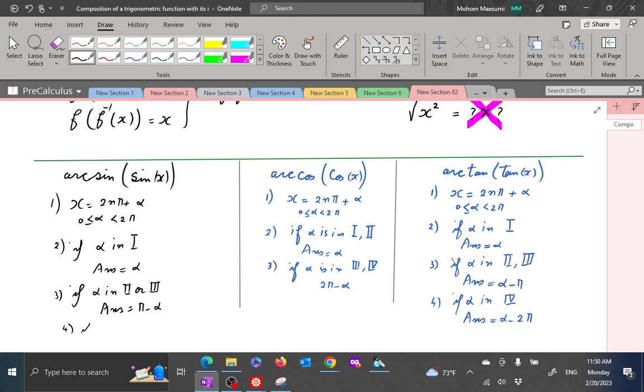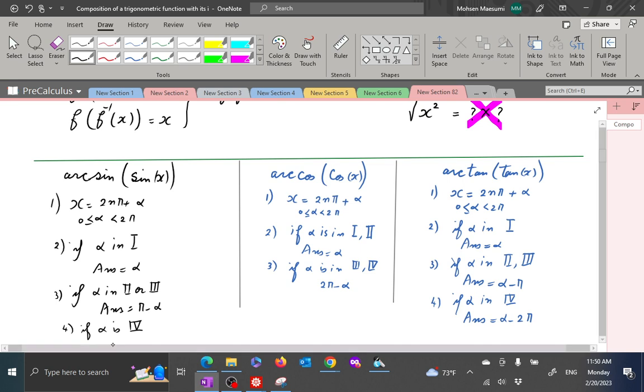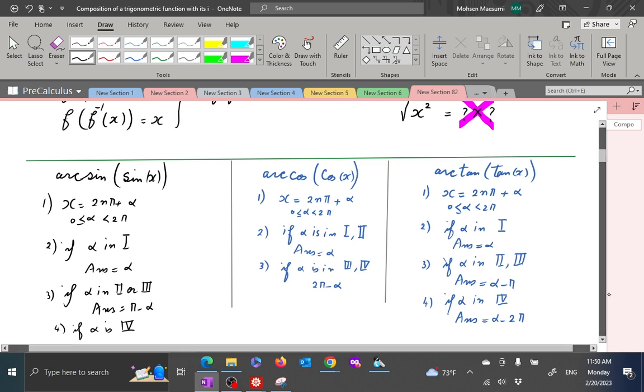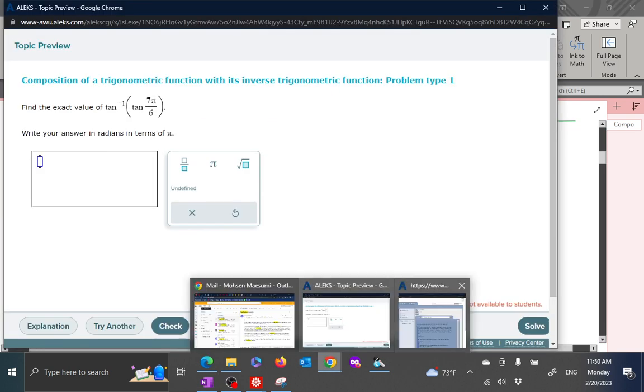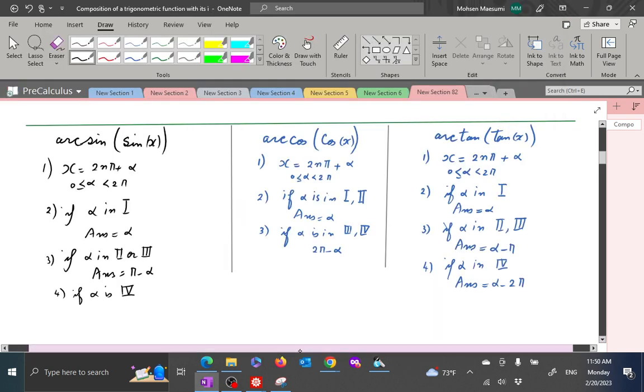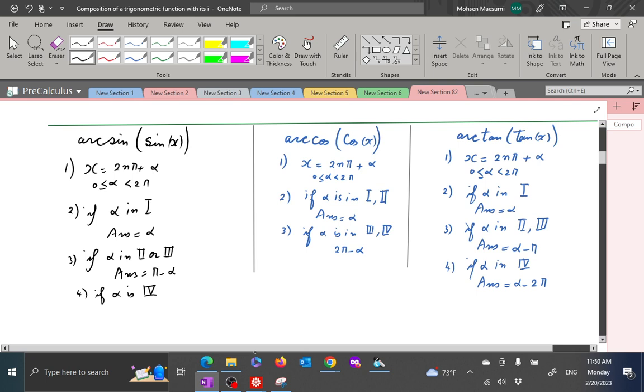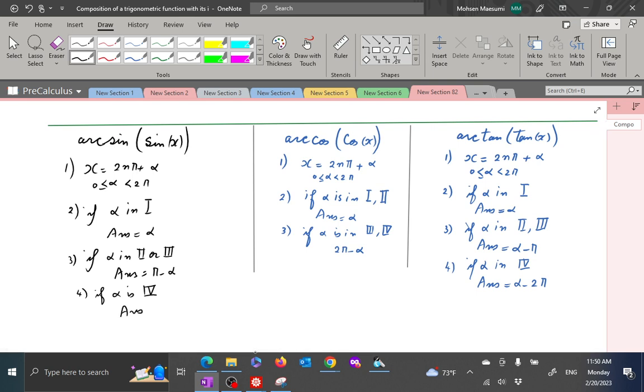And finally, if alpha is in quadrant 4, what angle is it? In this case, the answer is alpha minus 2 pi. So these are the 3 cases.